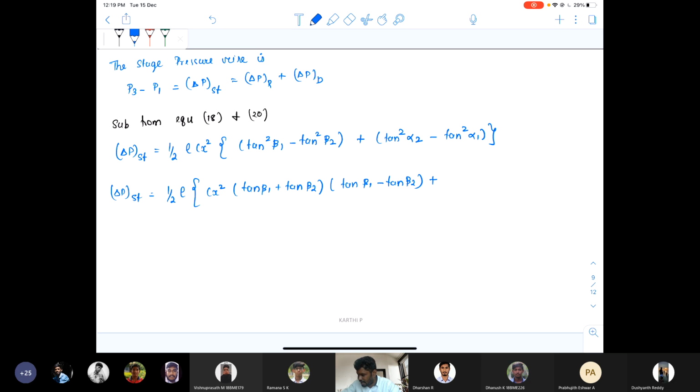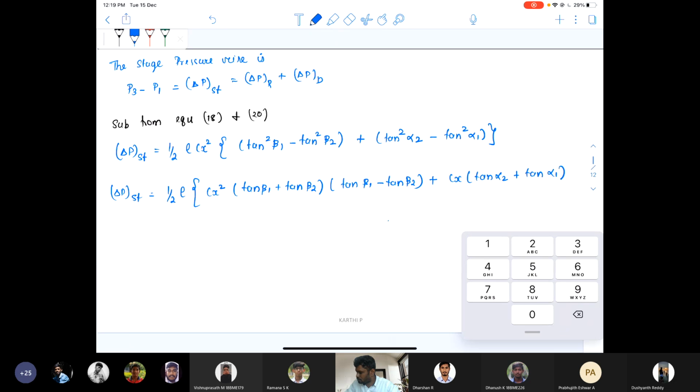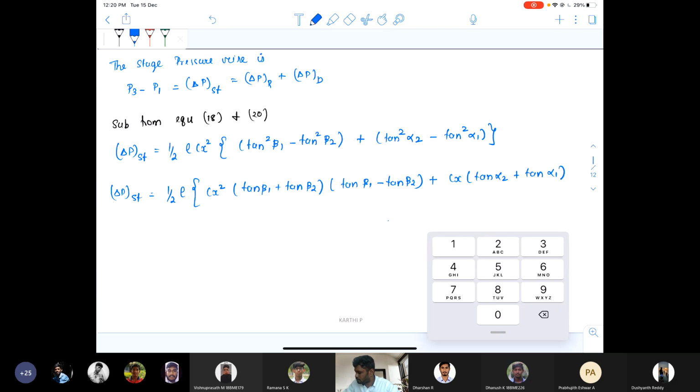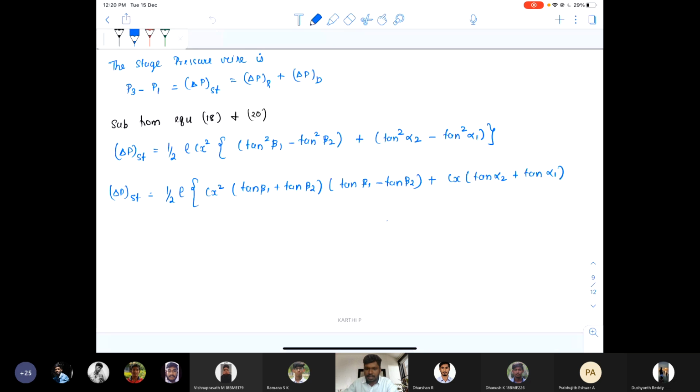Therefore, this Cx square can be written as Cx into tan alpha 2 plus tan alpha 1 into Cx into tan alpha 2 minus tan alpha 1.